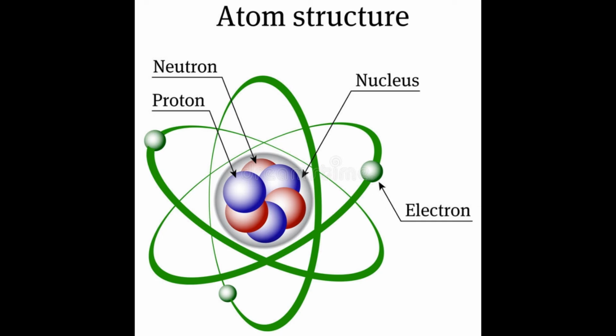If we give our molecule lots and lots of energy, the electrons will actually break away from the atom, meaning that the electrons will be a separate negative ion, and the nucleus will be a separate positive ion.